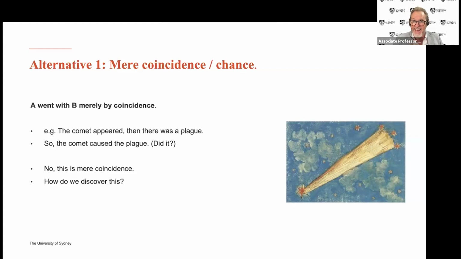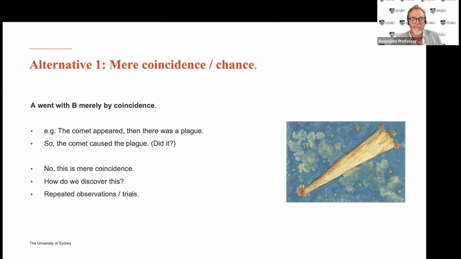And if again and again, when A happens, it's followed by B, or if when A happens, it's usually followed by B, that is going to lead us to say this was not a coincidence. There is a regular pattern here. Right? So repeated observations or trials are the method that we use to rule out A having gone with B merely by chance.